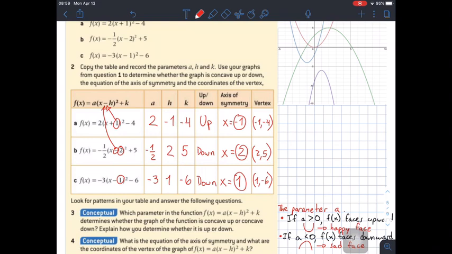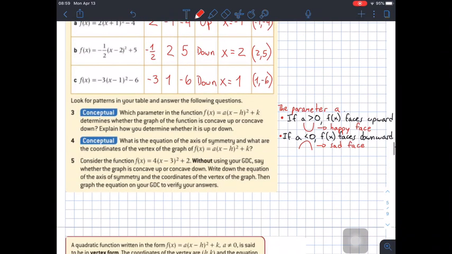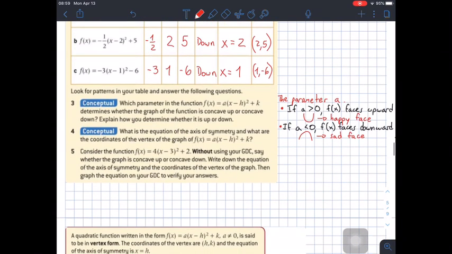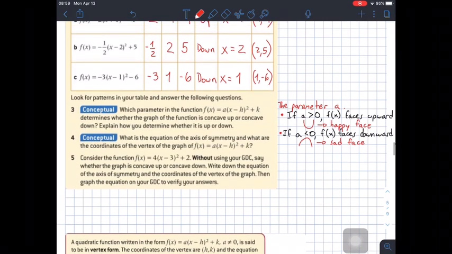So you see that the axis of symmetry corresponds to that value of h, which is inside of the parentheses alongside the x, right? So the axis of symmetry is the value of h, so we can write that here.